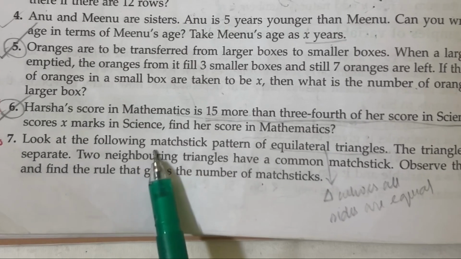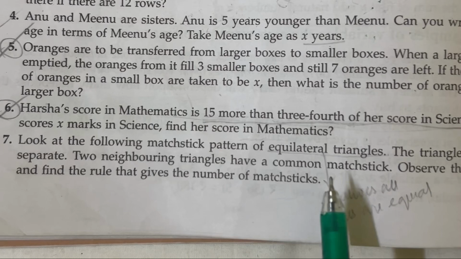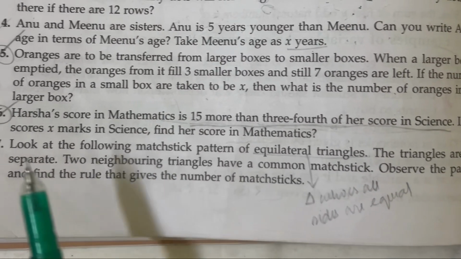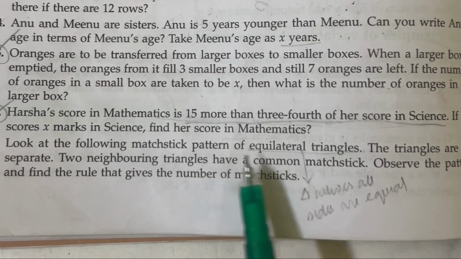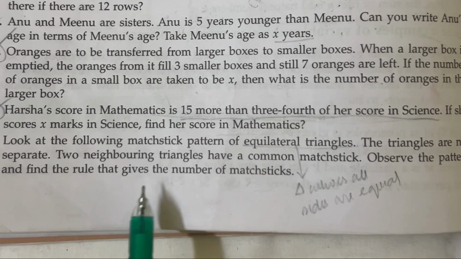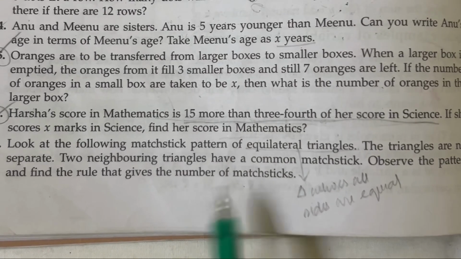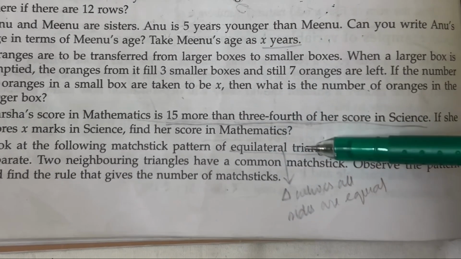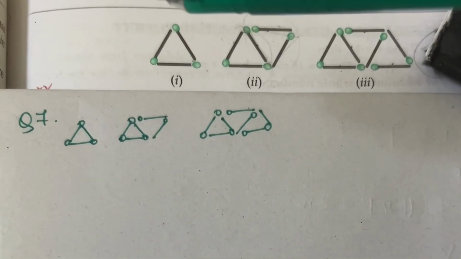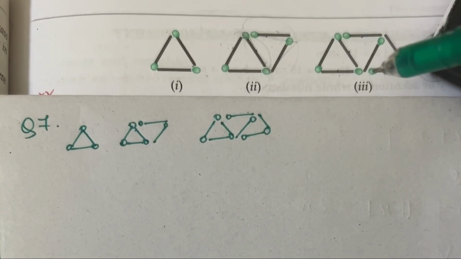Seventh sum: look at the following matchstick pattern of equilateral triangles. The triangles are not separate. Two neighboring triangles have a common matchstick. Observe the pattern and find the rule that gives the number of matchsticks. Okay, here equilateral triangle means all the sides of the triangle are equal. See, there are three equilateral triangles given.